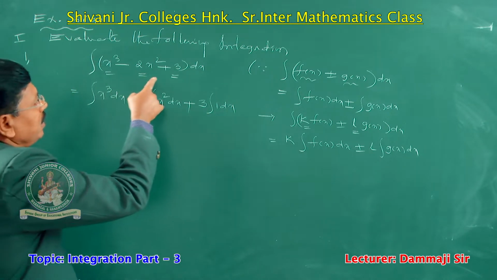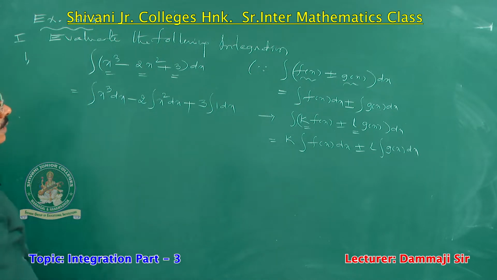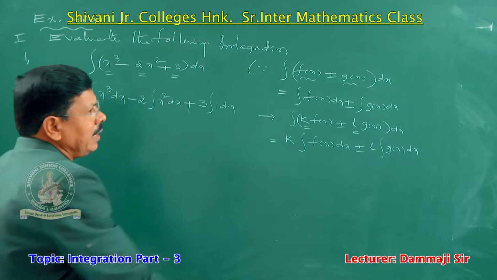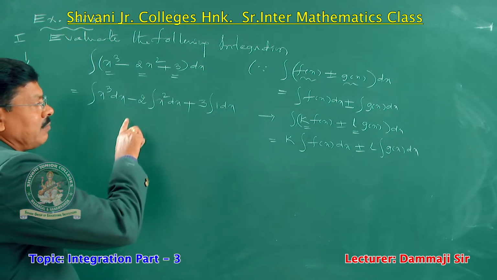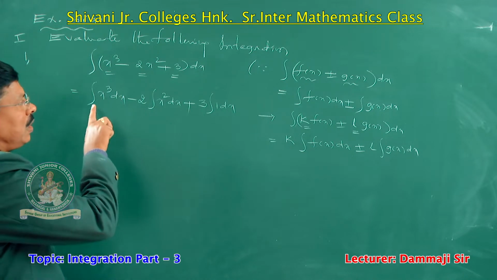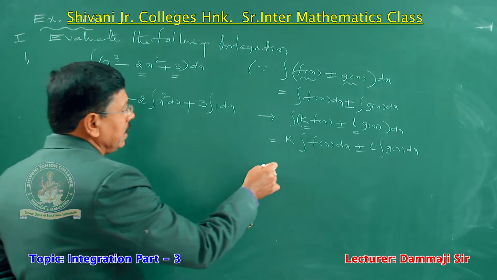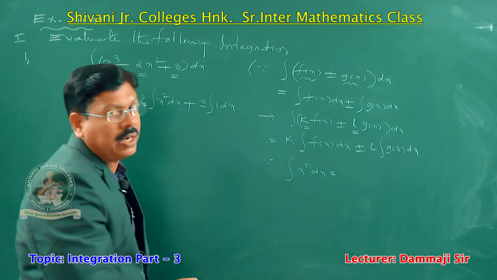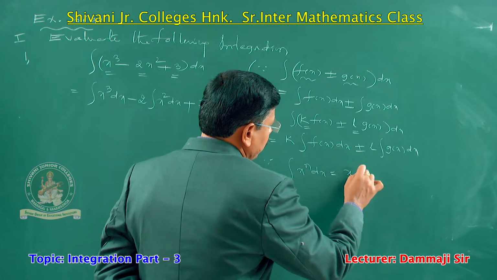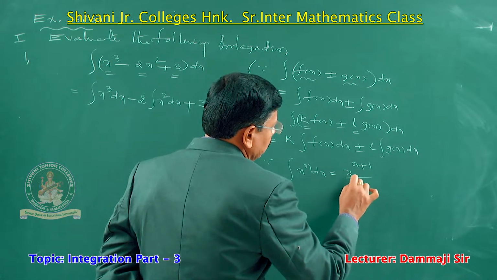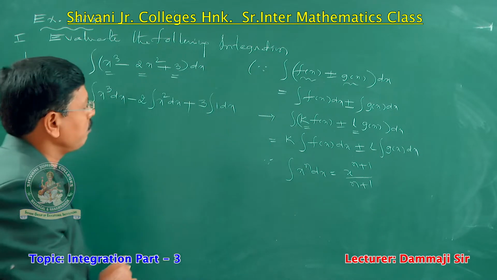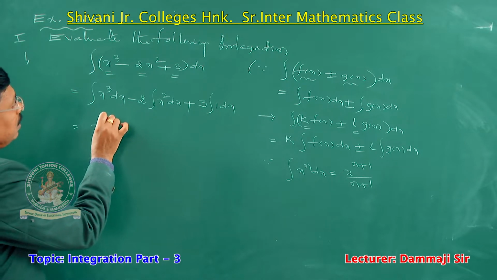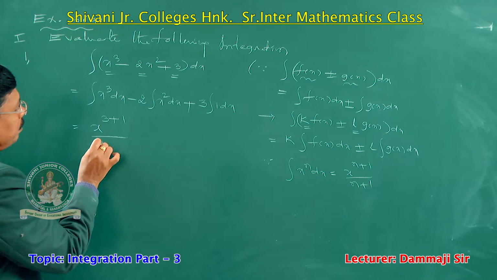Next, we go to the list of standard integrations and apply the suitable formula. The first term is in the form of x power n, and its related formula is x power n plus 1 by n plus 1. In place of n equal to 3, you write 3 plus 1 by 3 plus 1.